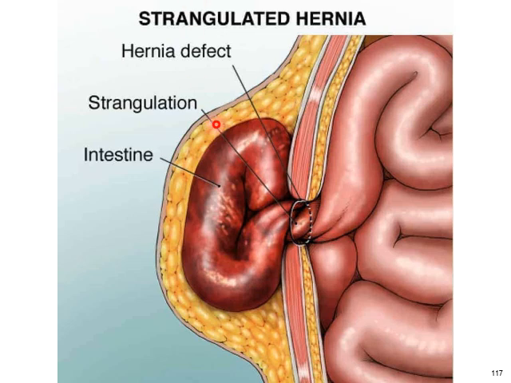This is a sample of strangulated hernia. So the small intestine that needs to stay in the abdominal cavity is outside here, because of this weakened muscle, most likely. Then it's strangulated here, and when that happens, the blood flow to this area is decreased.